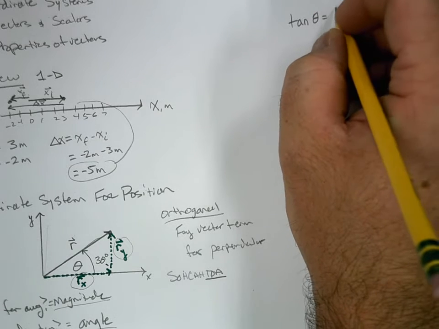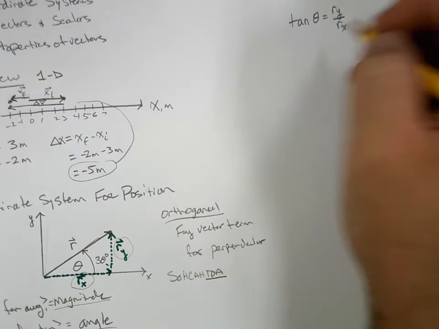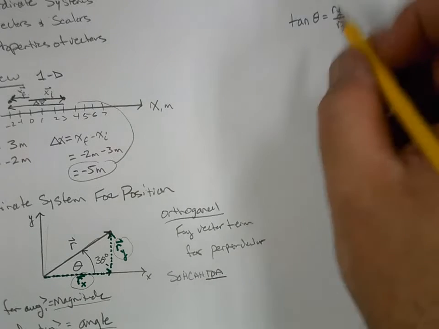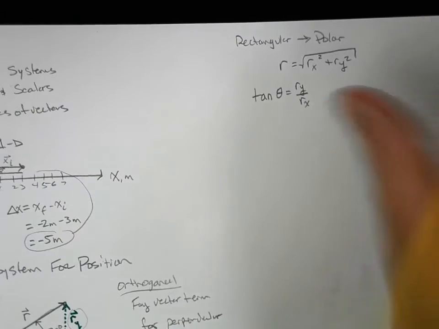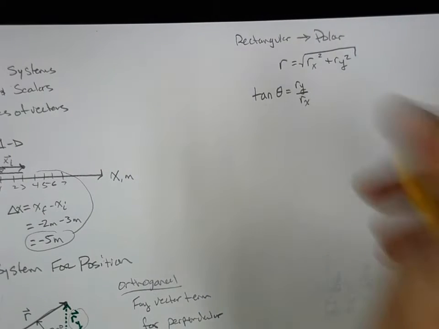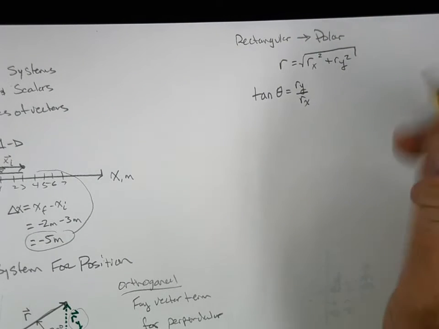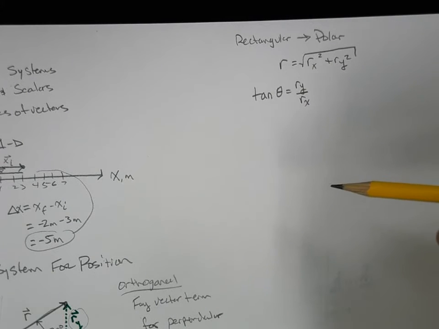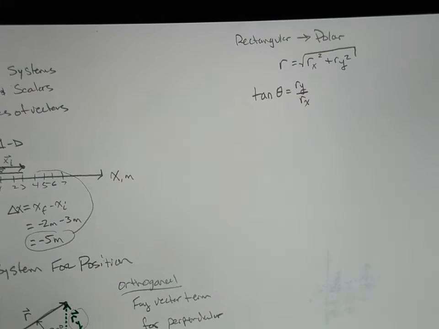We can also use the other trig identities: ry over r, opposite over hypotenuse, would be sine, and adjacent over hypotenuse is cosine. But we won't be using those much when relating between rectangular and polar. We will use them significantly at certain parts of the class, just not when we're converting between the two.